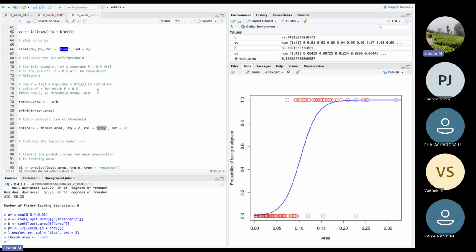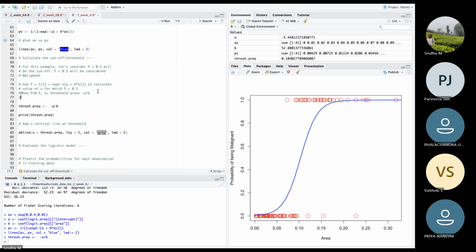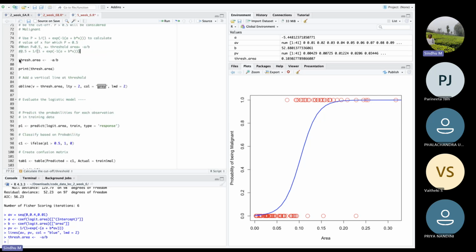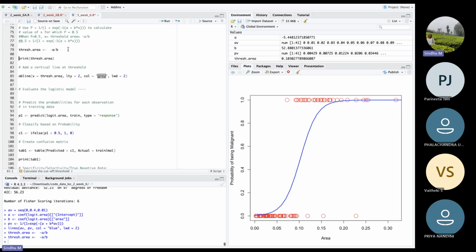If you want, we can try to simplify it as well. 0.5 is equal to 1 by... I'm just copy pasting here, and instead of p, we have to substitute 0.5, the cutoff value. Now if you simplify it, you will get minus a by b, and we have calculated it.